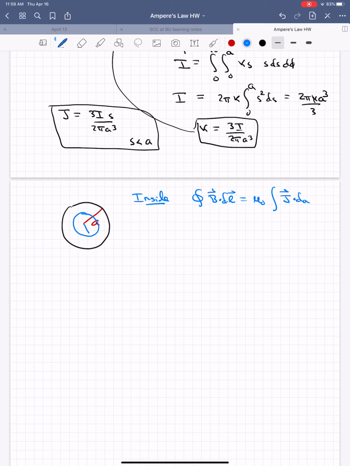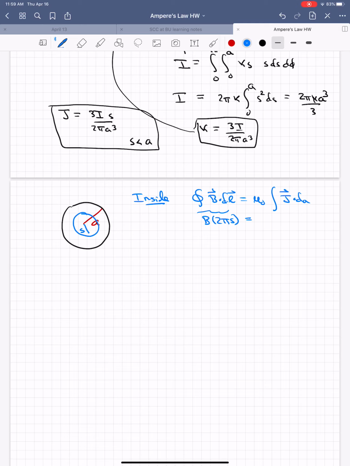And my Amperian loop has a radius, say, of s. And so because my Amperian loop has a radius of s, my Amperian loop is 2 pi s around. So the left-hand side is going to be 2 pi s, and that's going to be the left-hand side whether or not my Amperian loop is inside or outside my wire.